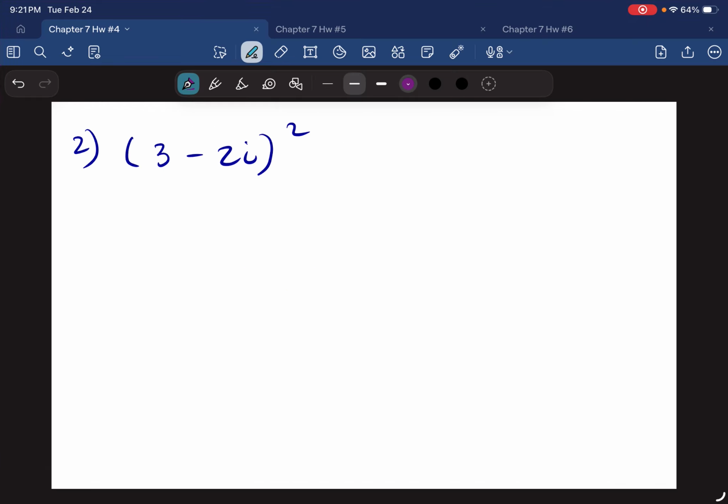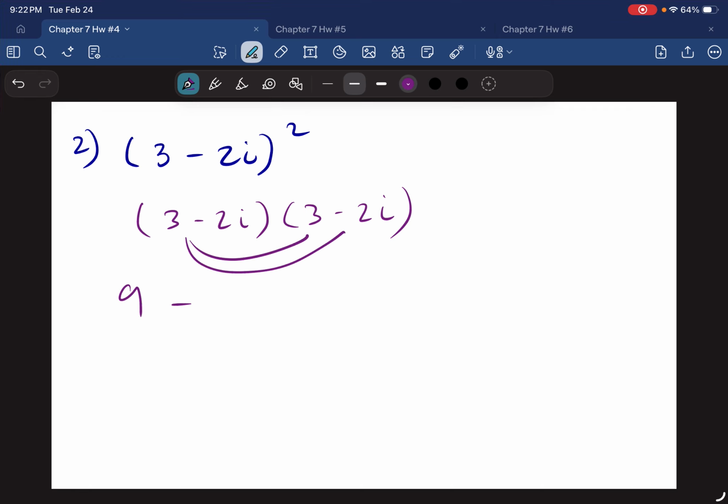So in number 2, we have this problem right here. Now it looks like it's only one thing being multiplied, but this problem right here, we can split it into 2 like this, like that, and then we multiply it out. So 3 times 3, that's 9.